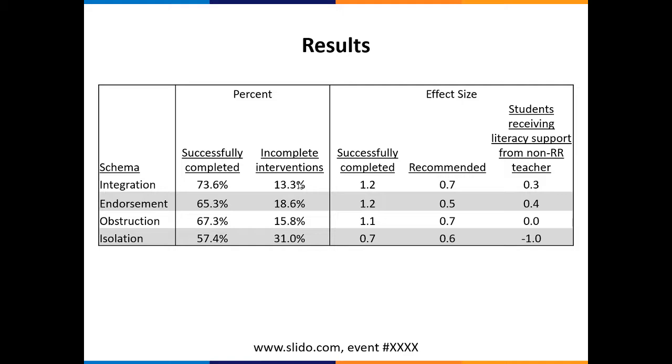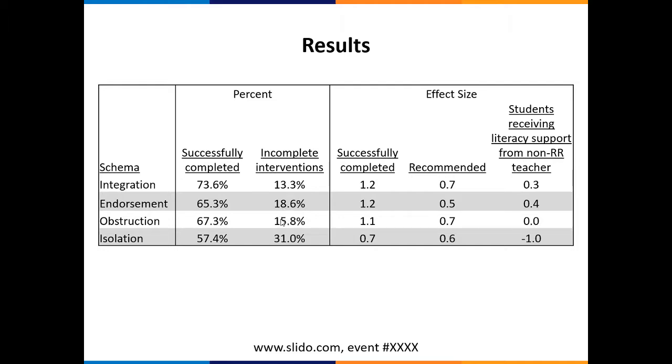And then when we come over to incomplete interventions, we see kind of this trend where as we move from most integrated to least integrated, the percentage of kids that we discontinue, the percentage of kids that are incomplete goes up. So, we have an initial little jump here, once again, from integration to an endorsement.